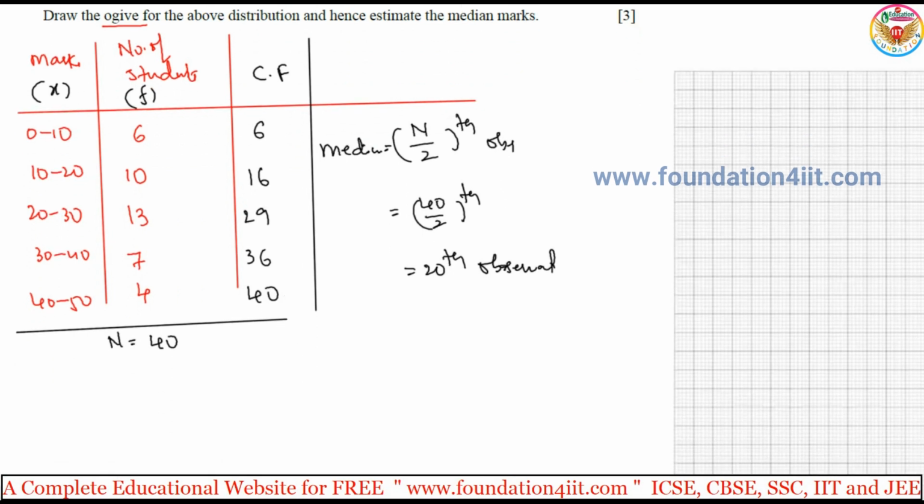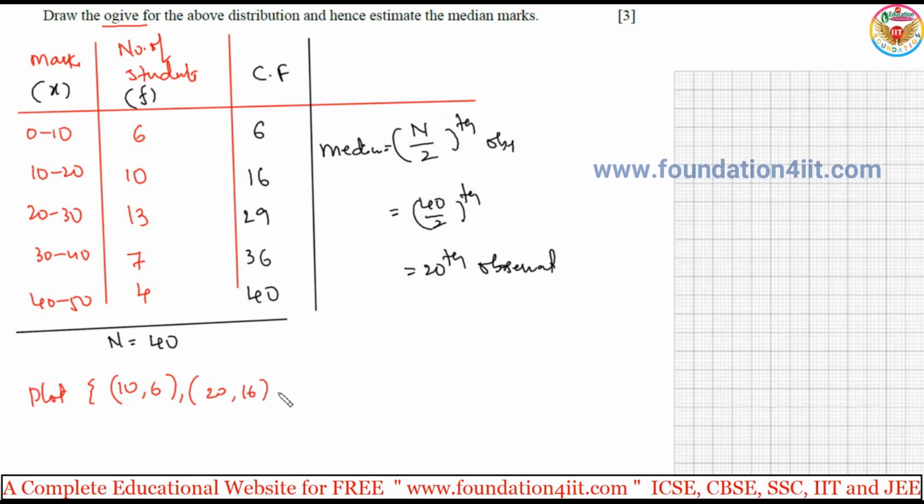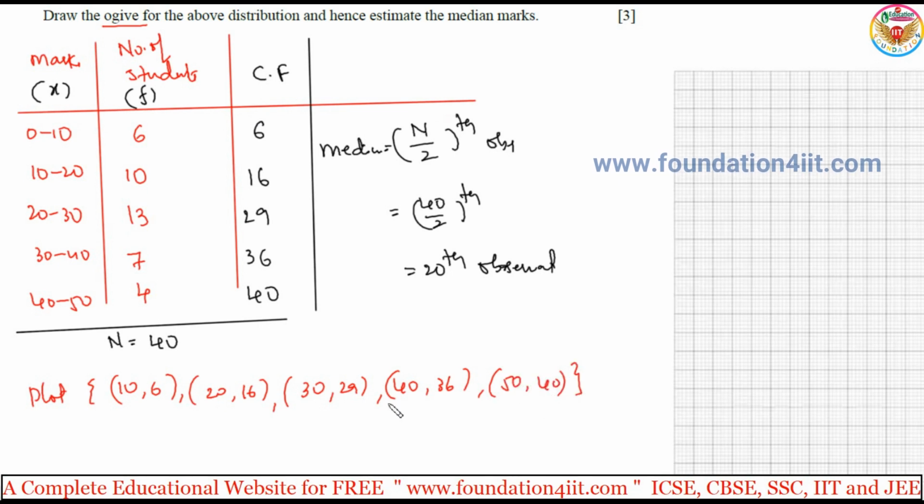So 10 comma 6, 20 comma 16, 30 comma 29, 40 comma 36, and 50 comma 40, on graph paper. From that we'll find the median. Median is the 20th observation. Let us see from the graph.